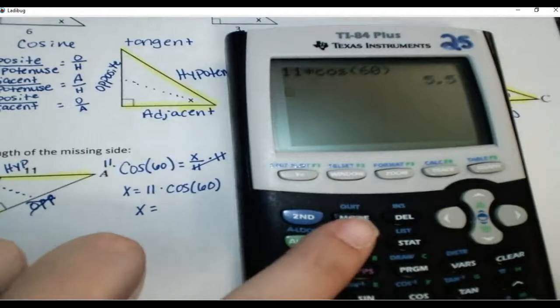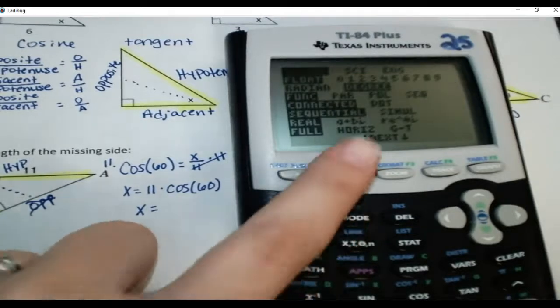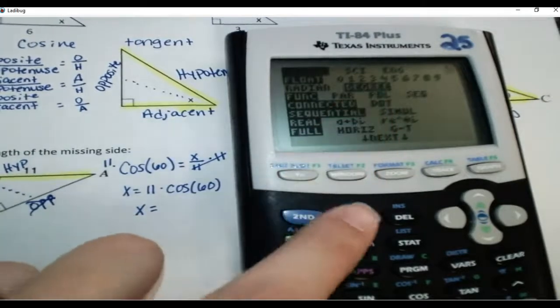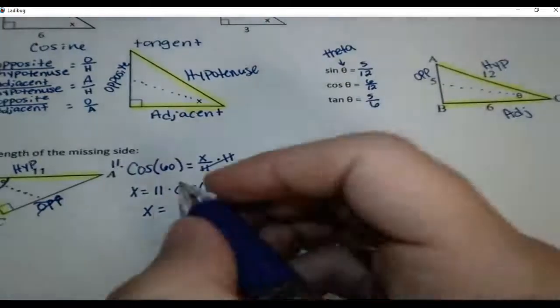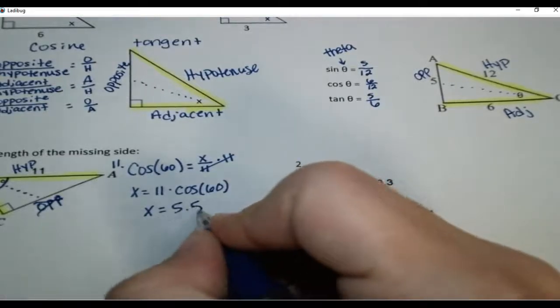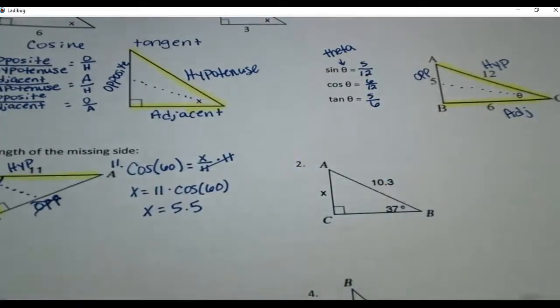To do that, you go to mode beside the blue button, third line down, hit enter on degree. That's it. Okay? So for every problem, you're highlighting, you're labeling it, you're deciding which one to use, setting up the equation, and solving for x.